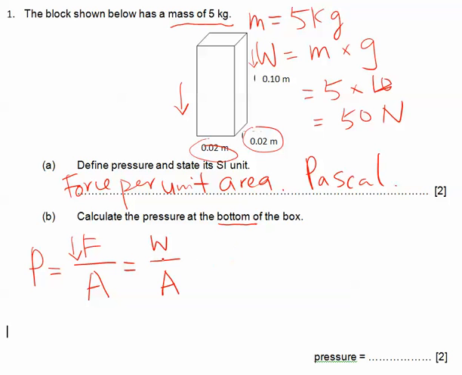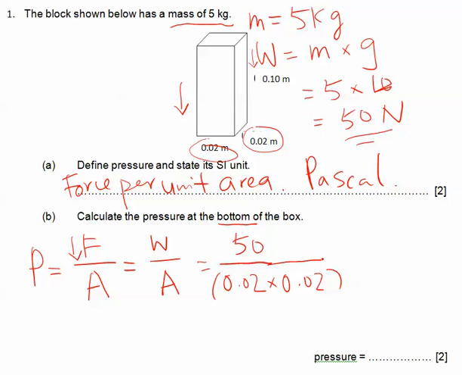So how do we find the weight and the area? You look back at my first step at the top, you notice that I already found my weight as 50 Newton. The next question is, where do I get my area? You look carefully, area is length times breadth. So I just take 50 Newton divided by, put a bracket, length 0.02 times my breadth, which is also 0.02.